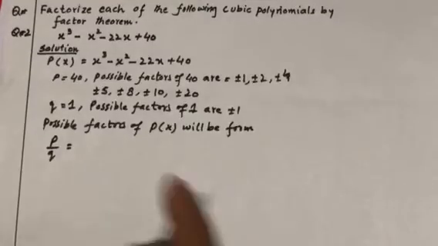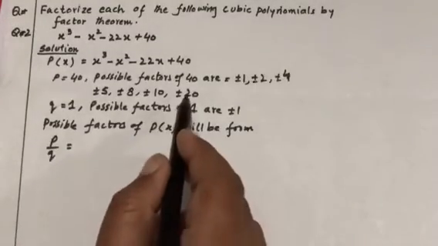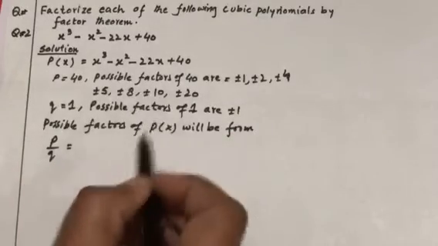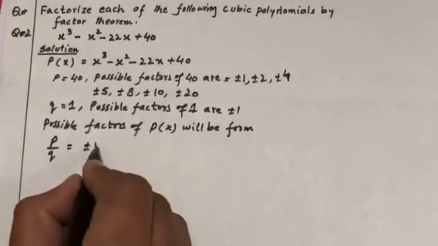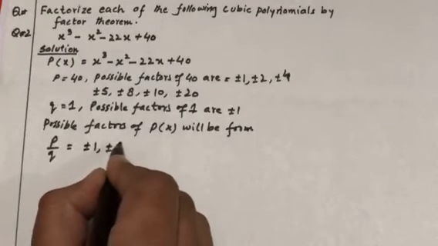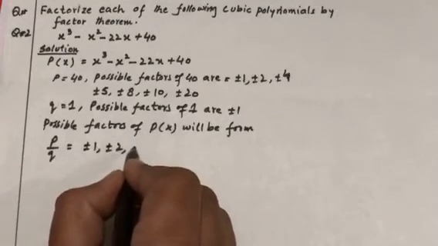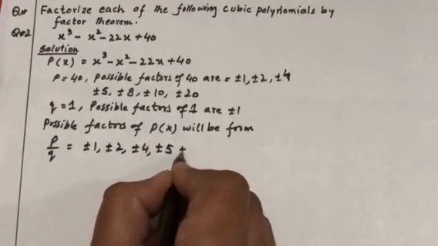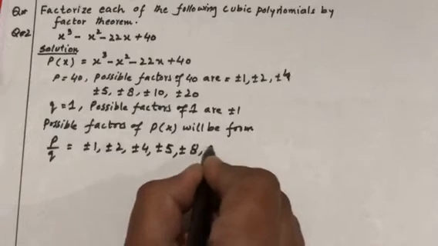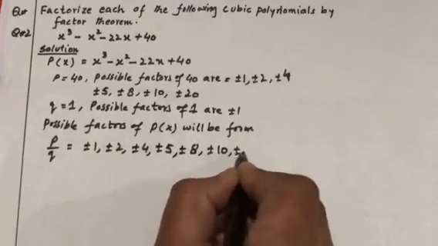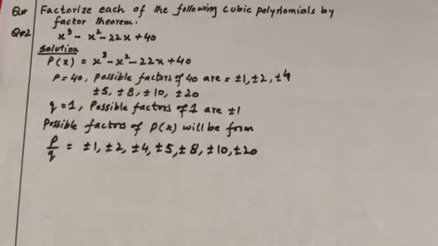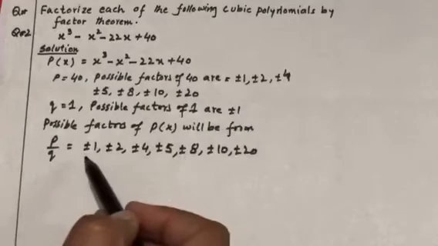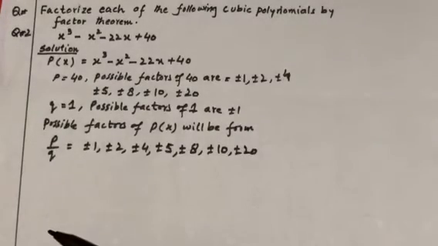So in the numerator we will write the factors of p which are 1, 2, 4, 5, 8, 10 and 20. And in the denominator we will have 1, so 1 is not written in the denominator.